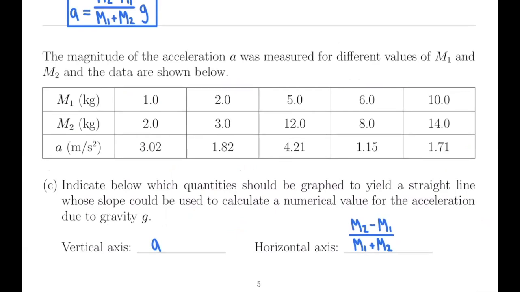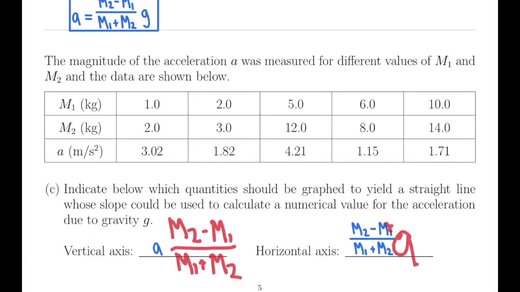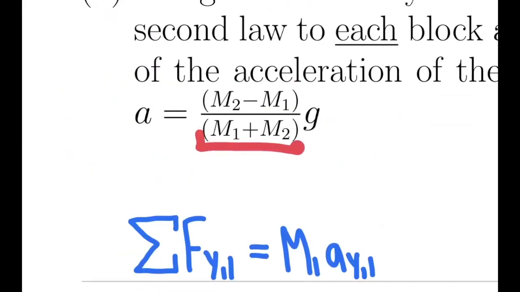One question I have for you guys is what if someone swapped these two? Is it okay if I make the vertical axis m2 minus m1 over m1 plus m2 and I make the horizontal axis a? Will the slope of that give me something with g? I mean, let's look at this. If this is y and this is x, I can divide both sides by g.